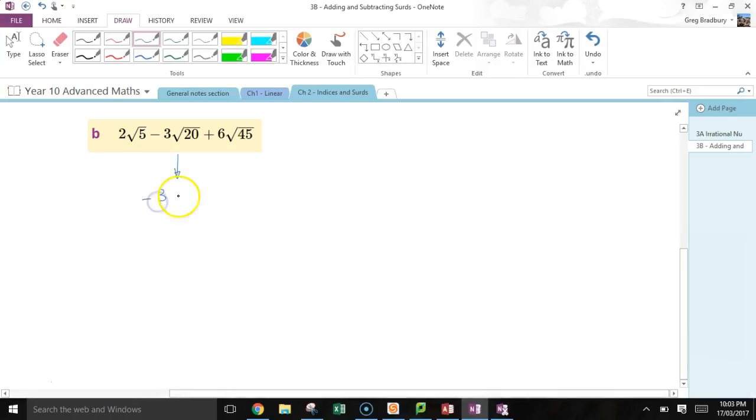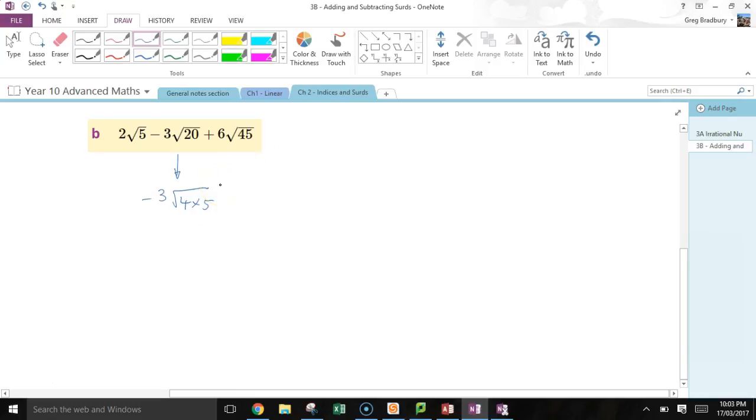So negative 3 root 20. If you think about the factors of 20, it's 10 and 2. Neither 10 nor 2 are square numbers, but another factor pair is 4 and 5, and 5 is actually the surd you're looking for. So 4 times 5 is going to be a really good pair of numbers to work with.